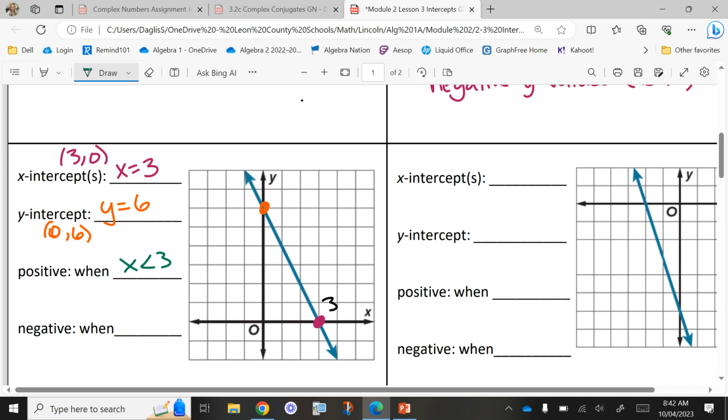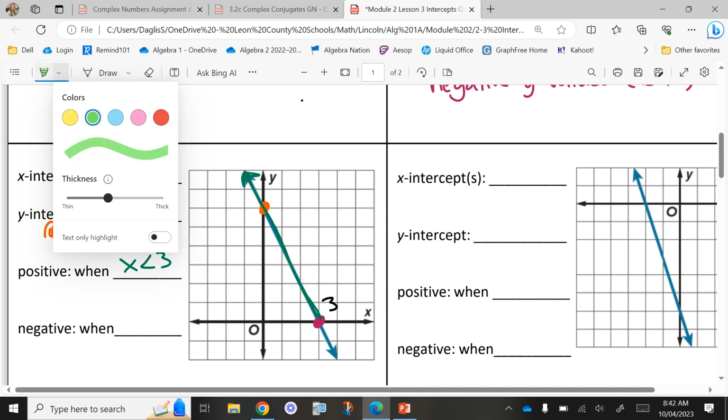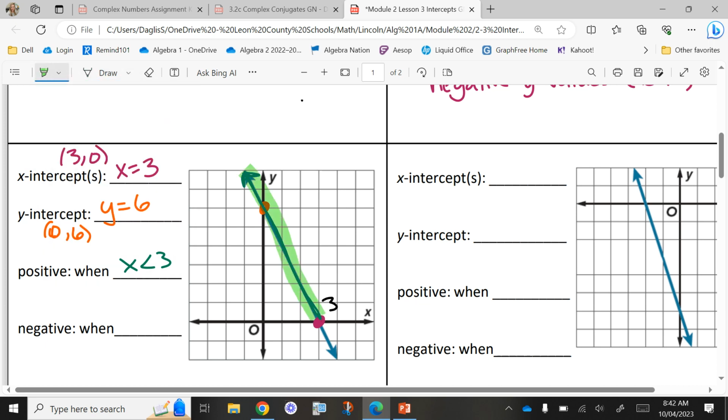We were specifically looking at just this part of the line. So if I have an x of 2, an x of 0, an x of -1, they're all going to have a y value that is positive.